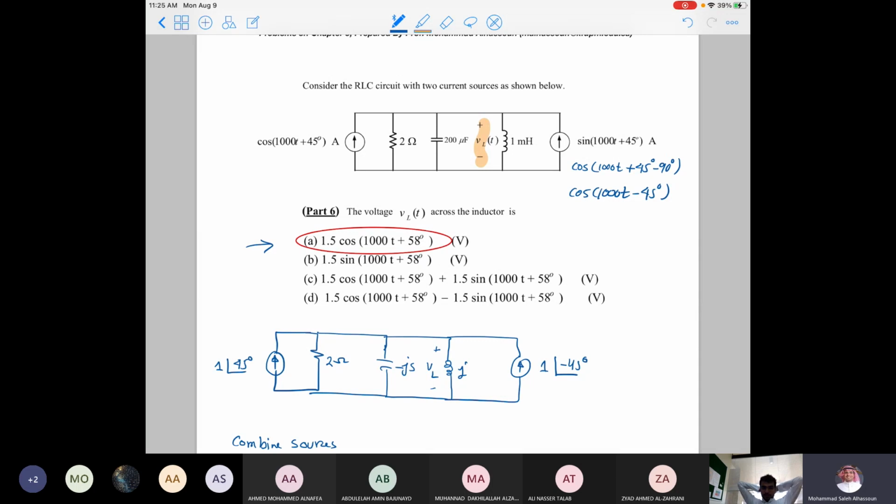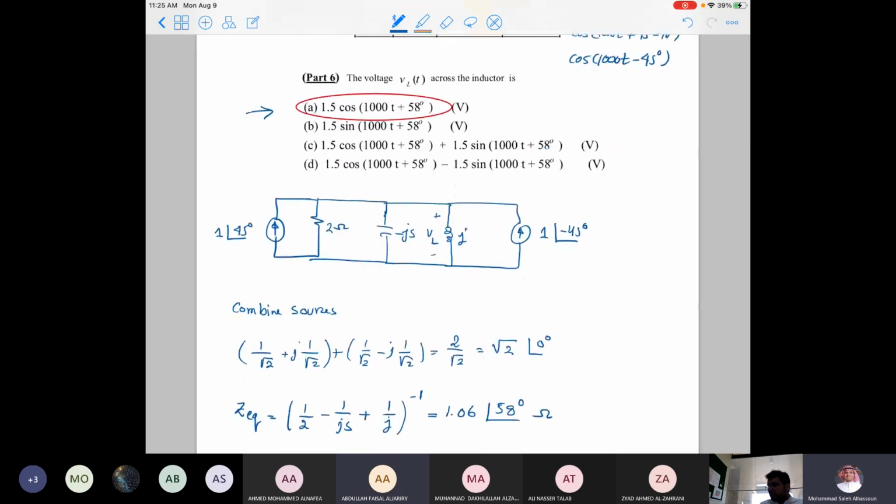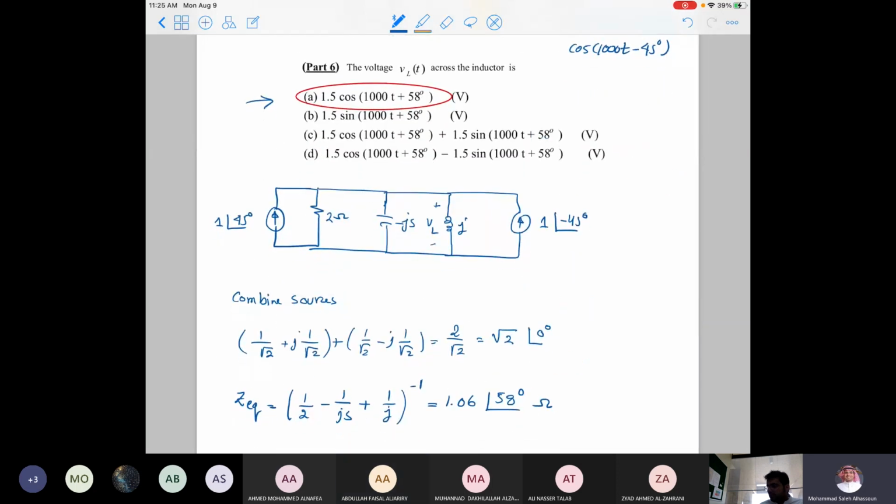Okay, any question? Doctor, can't we use source transformation before adding the Z and make it easier? For adding what? Before adding the impedance. We're not adding the impedance, we're taking the equivalent.